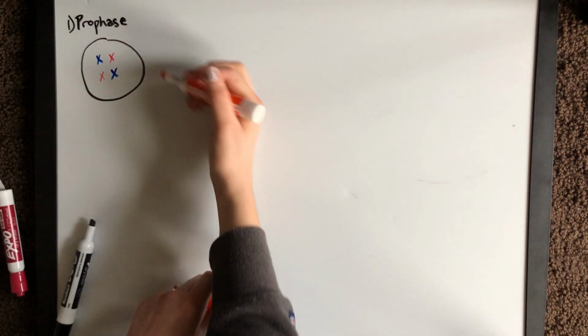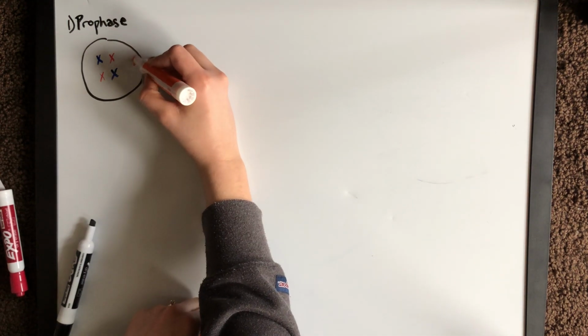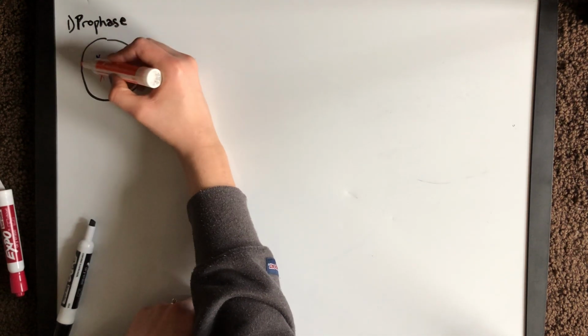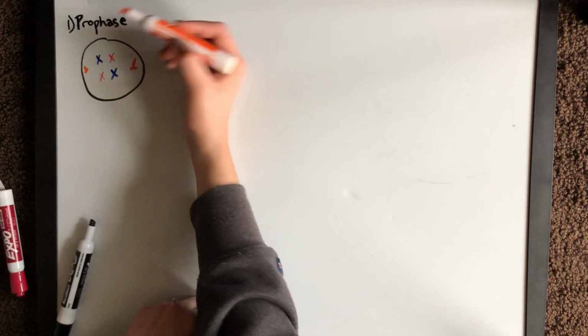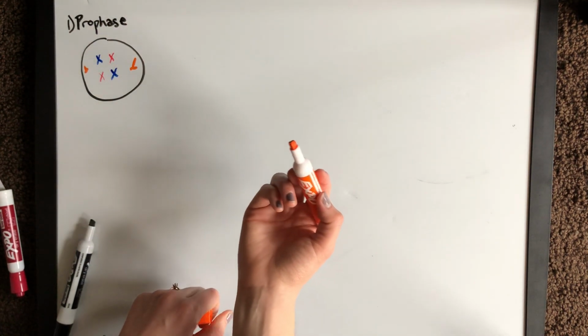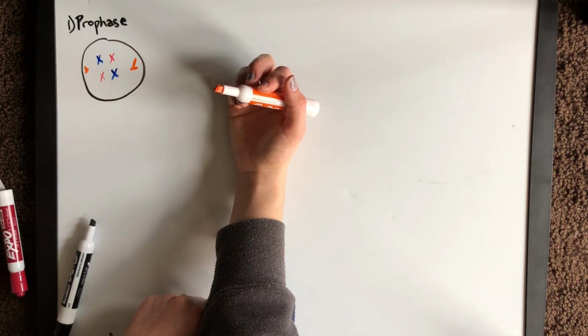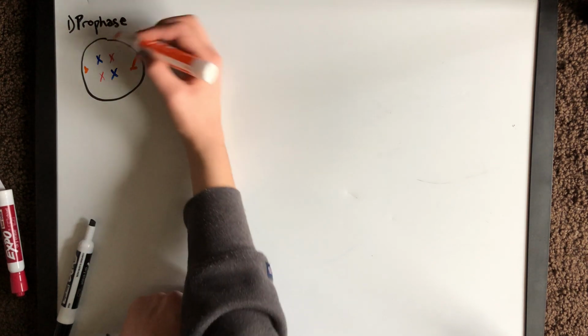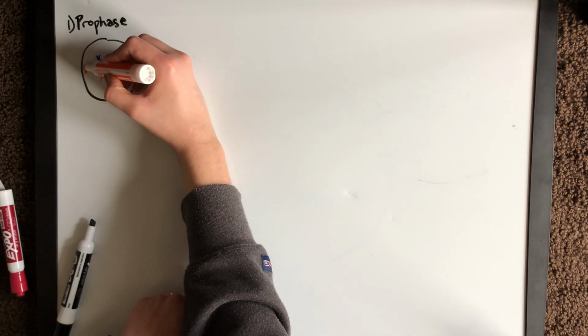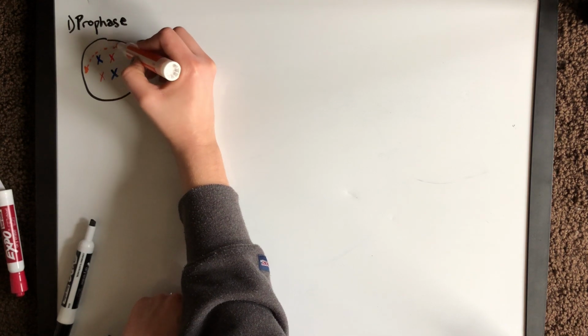Let's do orange. These are called centrioles, sorry. These little orange nubbins here at each end. This is where the mitotic spindle comes from.